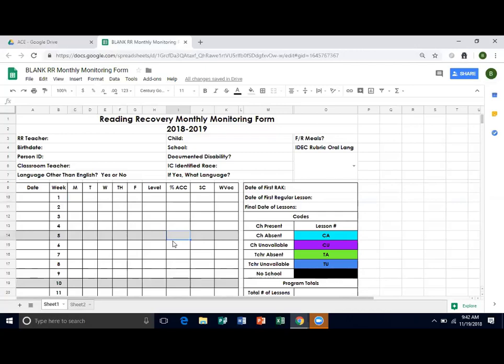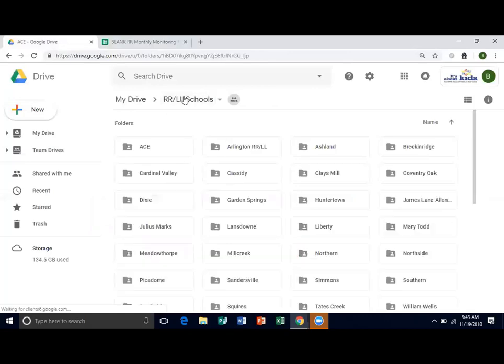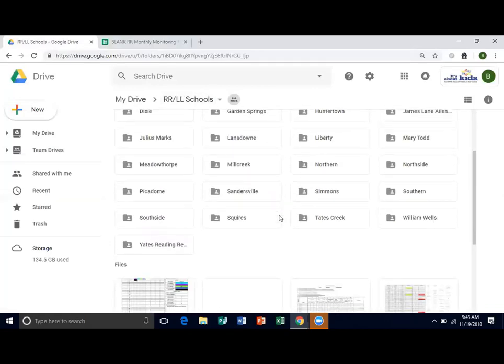Right. So let me see if I'm summing it up right. This form is wonderful because, as you were saying in the beginning, instead of waiting weeks to talk about issues or problems with children and their progress, you are seeing it sometimes on a daily basis.